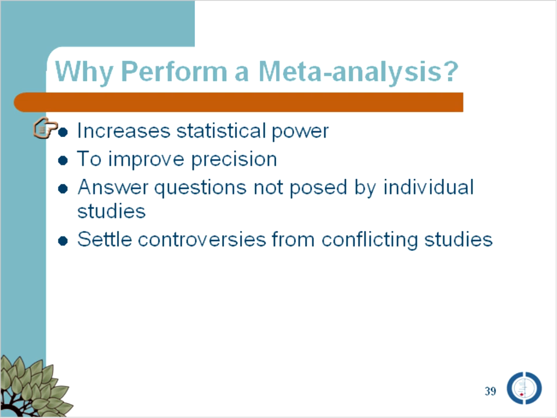Then you can pull together all that information to increase your ability to see whether there's a difference or not, which in turn improves your precision, because the more information you have, the smaller those confidence intervals are, and so you get a better sense of what is going on.